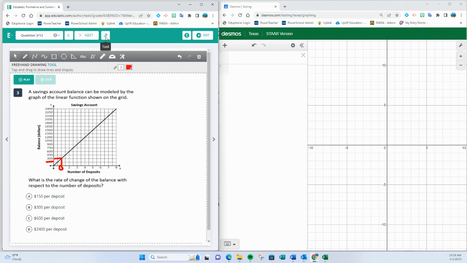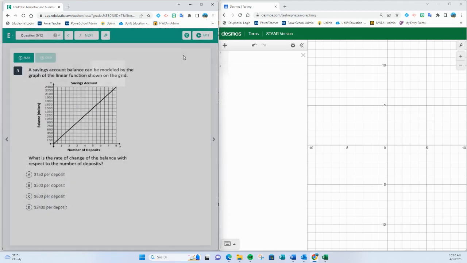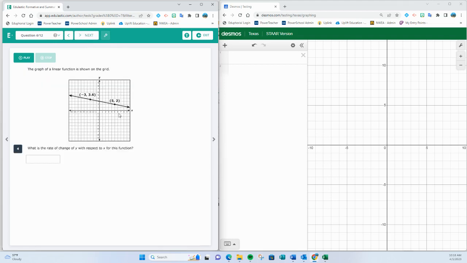I'm going to go ahead and put my scratch pad away. And I can see that for every one deposit, I save $300, or I have $300. All right, for number 4, when I have two ordered pairs on a graph, I can either find them or they're provided for me. I can still use that same method.